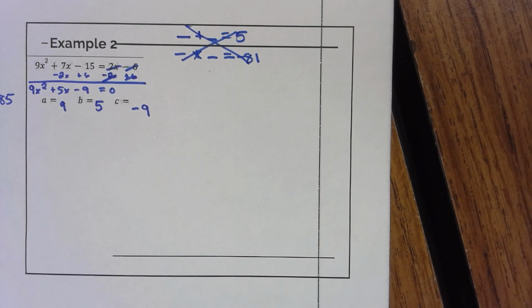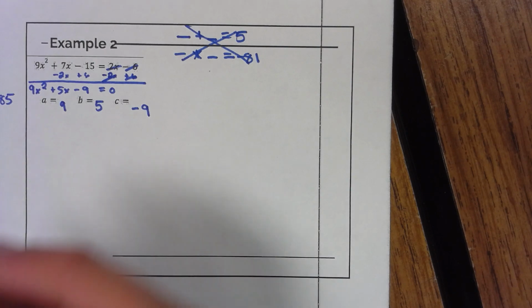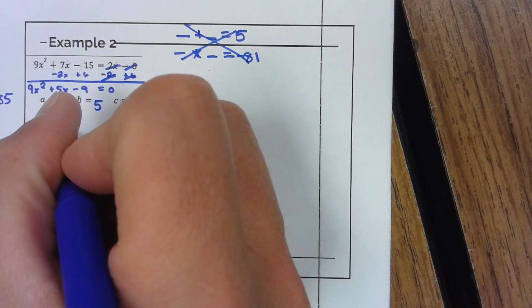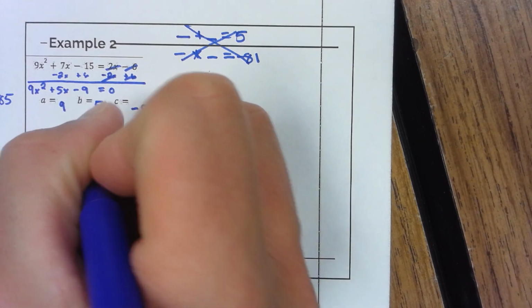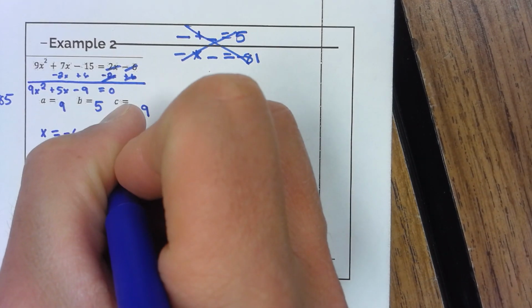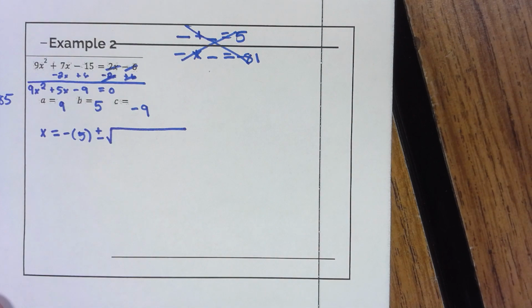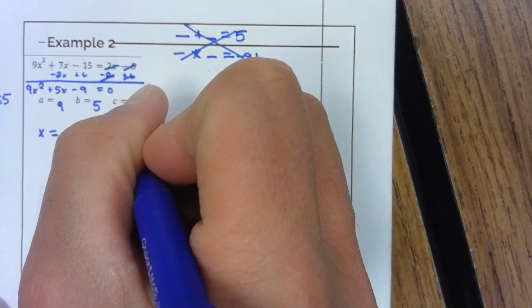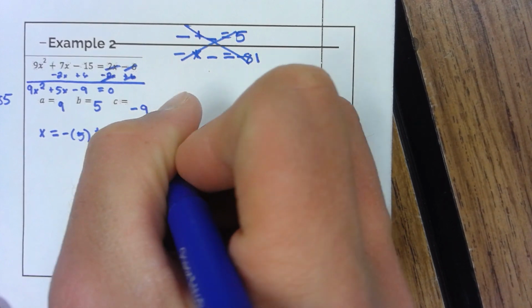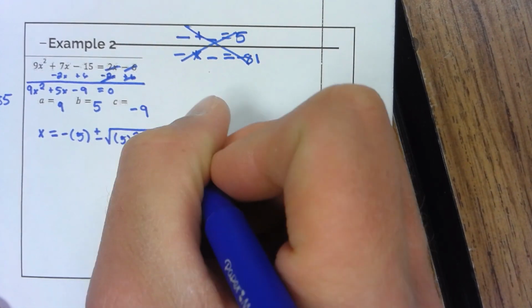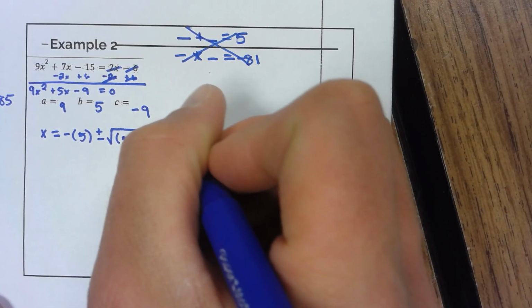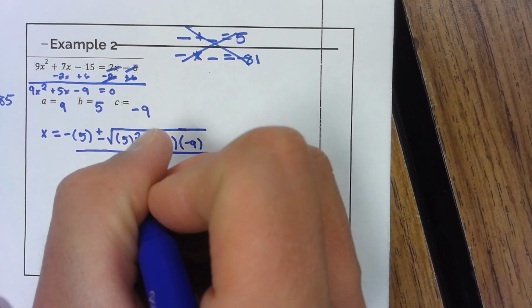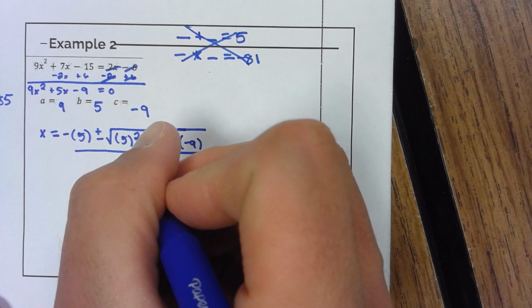So plugging everything into the quad formula, we have x equals, starting with negative b, so that's negative 5, plus or minus the square root of b squared, so that's 5 squared, minus 4 times a, which is 9, times c, which is negative 9, and then all over 2a, which is 2 times 9.